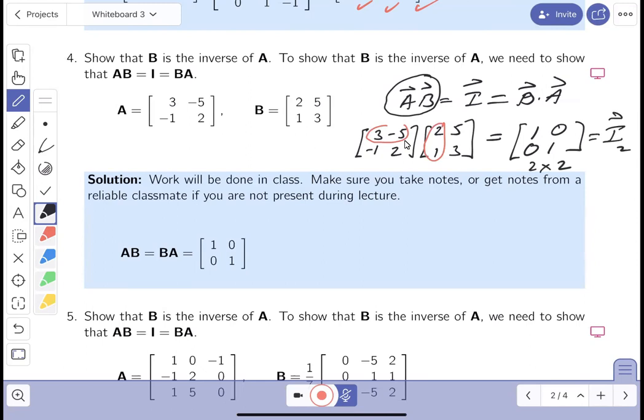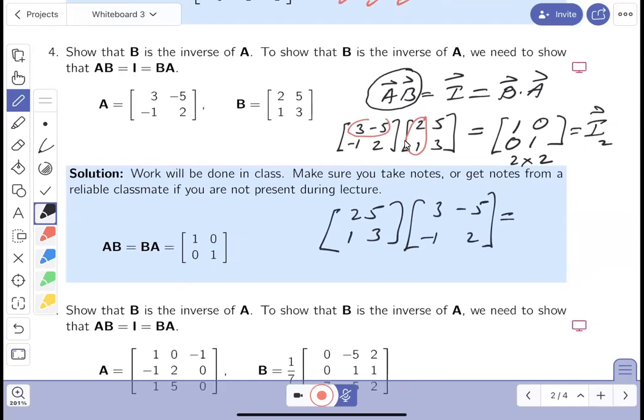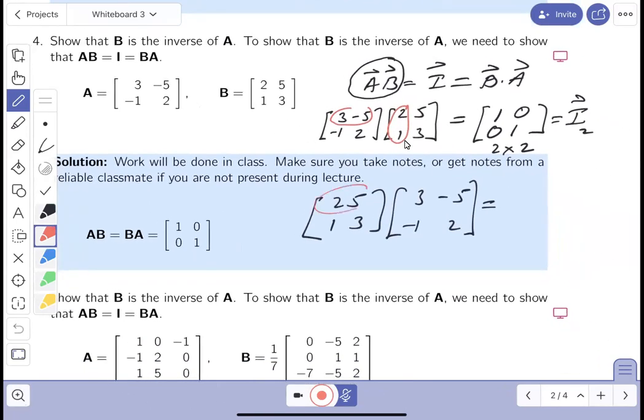Let's do BA. What's B? 2, 5 and 1, 3 times A, which is 3, minus 5, minus 1, 2. All right, let's see if we can do that. Both are 2 by 2. I know my outcome is going to be a 2 by 2. So what do you get there?